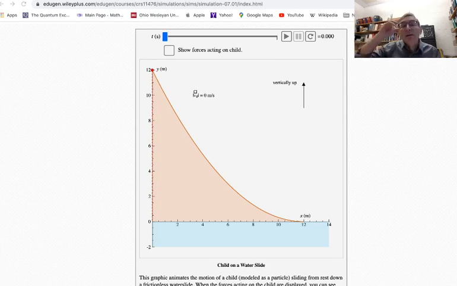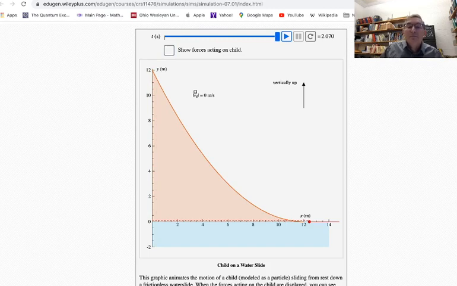The red dot way up at the top, at y equals 12 meters, represents a child, which we're going to treat as a particle, that's going to slide down the water slide and into the water at y equals 0. We'll first run the animation so you can see the child, the red dot, slide down the slide. There will be a red arrow representing the child's velocity vector, which will be tangent to the slide and getting bigger in magnitude.